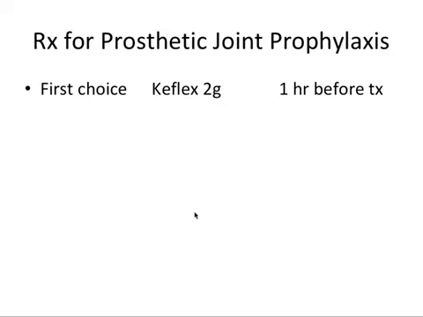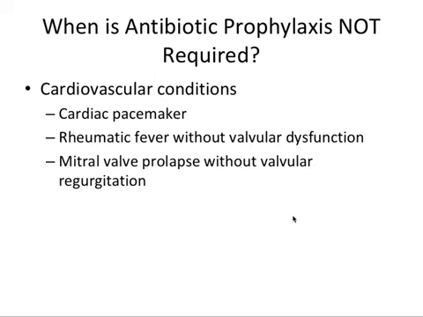It depends on the doctor, honestly, but for the boards, Keflex is your answer for prosthetic joint prophylaxis. And again, according to the ADA, the American Dental Association, it's most appropriate that the orthopedic surgeon recommend the appropriate antibiotic regimen, and when reasonable, the actual prescription.